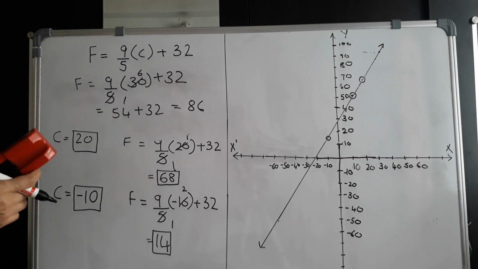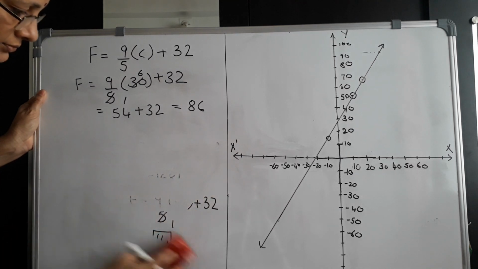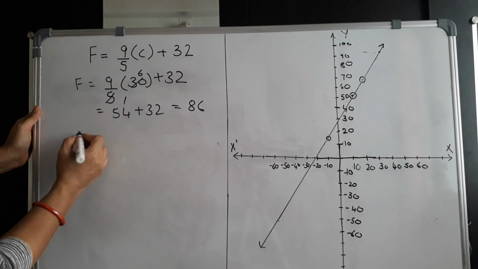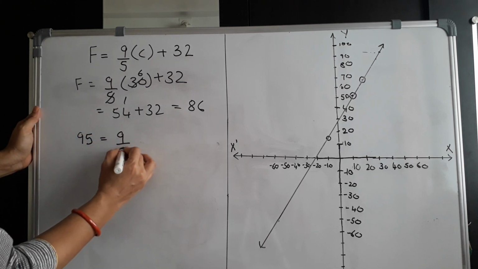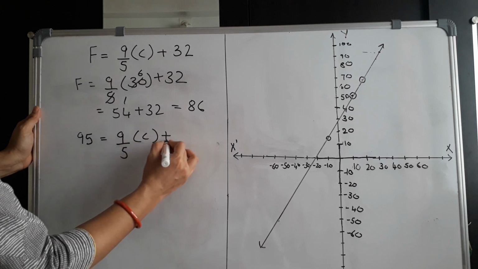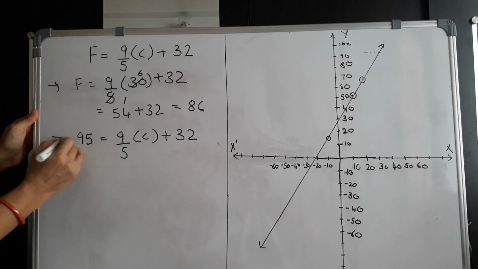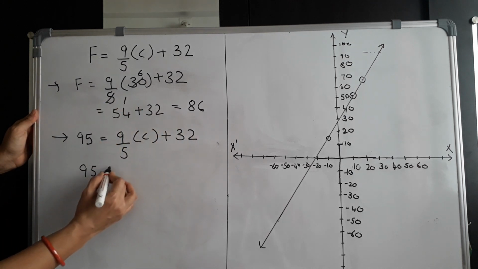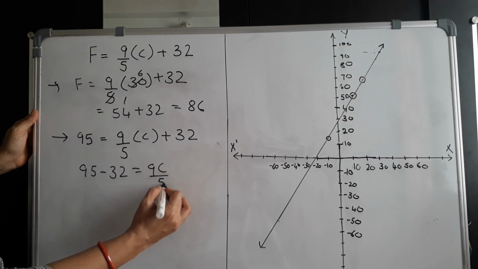This also we can do algebraically. Let's see how. Here they have given in Fahrenheit, that is 95 is equal to 9 upon 5 into C plus 32. What we shall do first is, we shall take 32 on this side. So you get 95 minus 32 is equal to 9C upon 5.